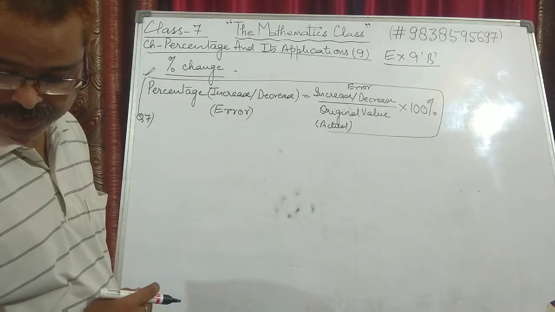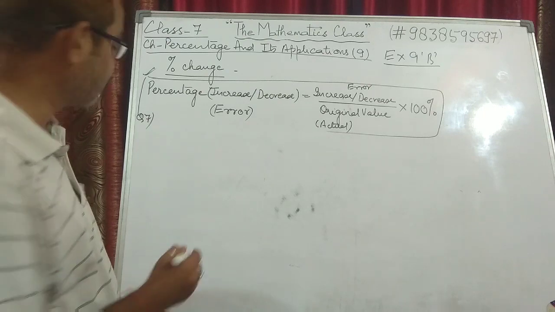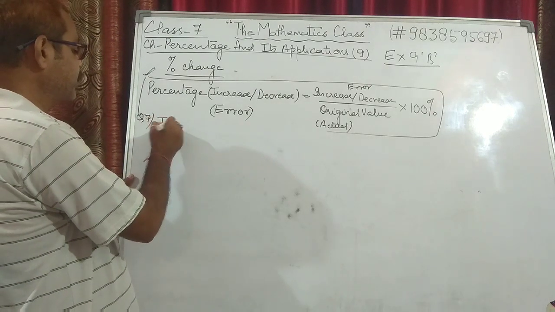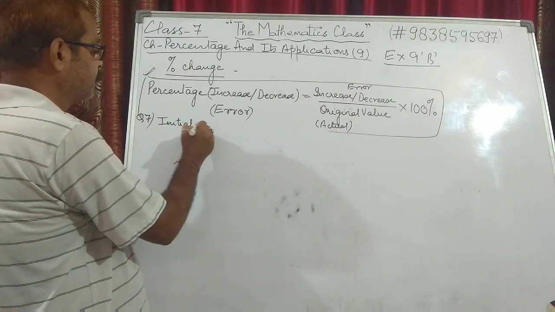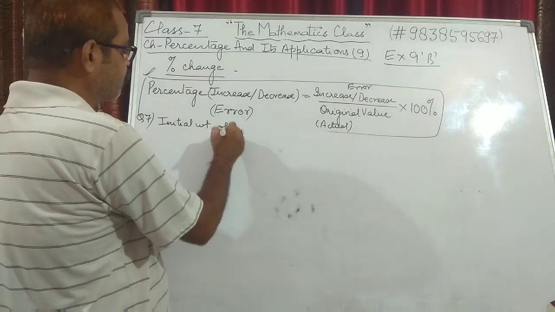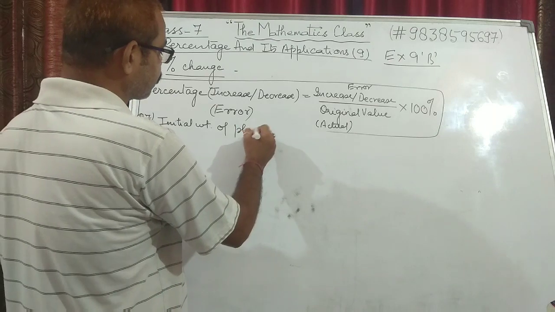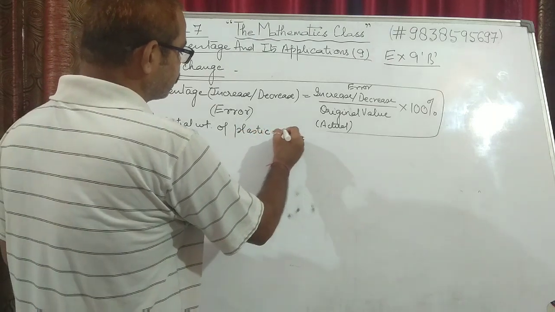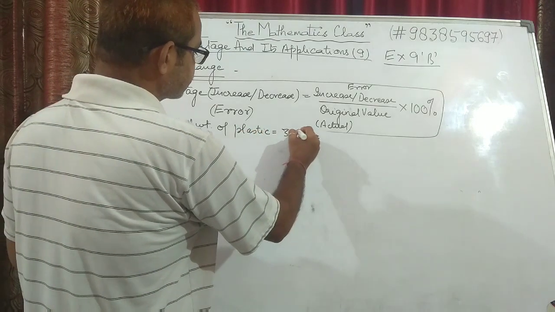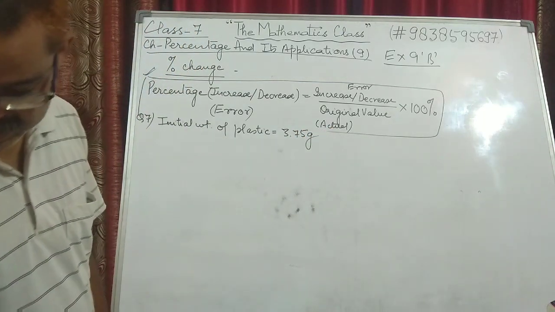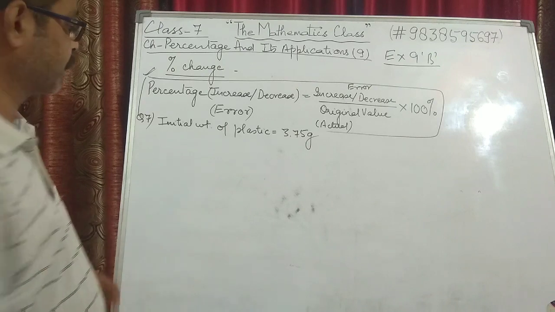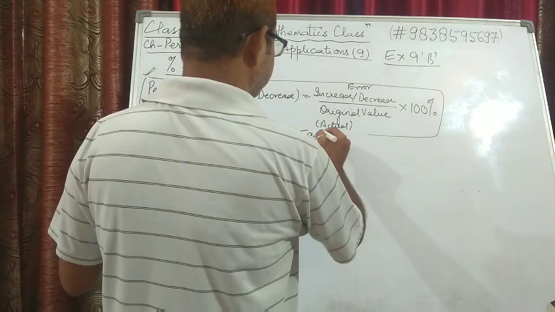What is question number 7? The weight of plastic was 3.75 grams, meaning the initial weight of plastic is 3.75 grams. This was before heating.